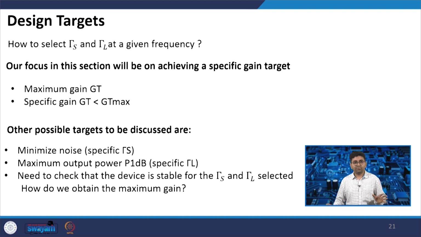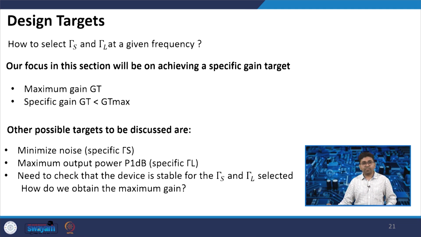Do you want a maximum gain GT, or a specific gain GT which is less than GT max? Other possible targets are to minimize the noise, because that is related to gamma S. When we see the low noise amplifier, we will discuss in more detail how you can find the optimum value of gamma S.